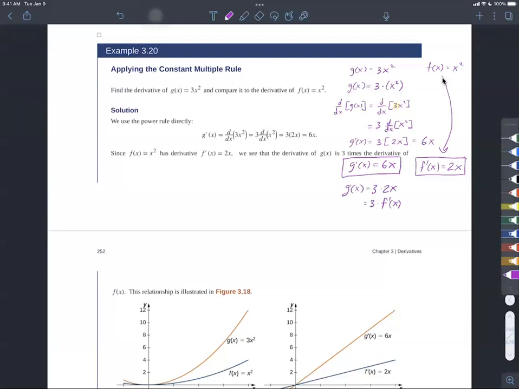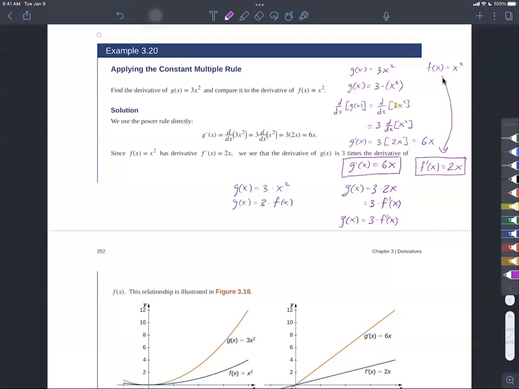Okay, so we're saying g prime of x is equal to 3 times f prime of x, but g of x was equal to 3 times x squared to begin with. So g of x was initially 3 times f of x.